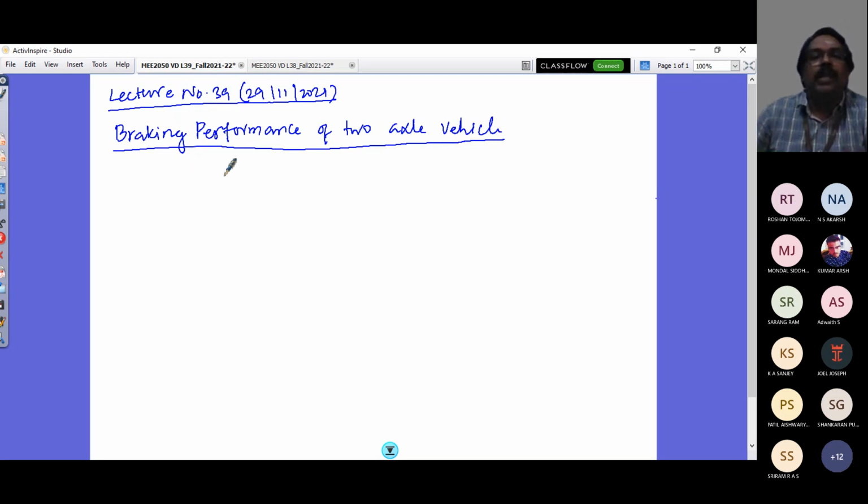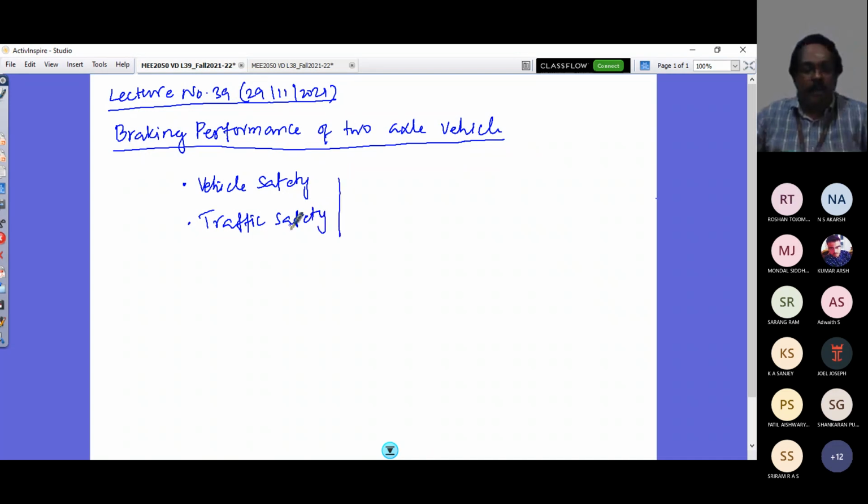The moment you say braking performance, what comes to mind is vehicle safety, along with traffic safety. And this traffic safety led to many standards. Safety standards for the braking system are being enforced.